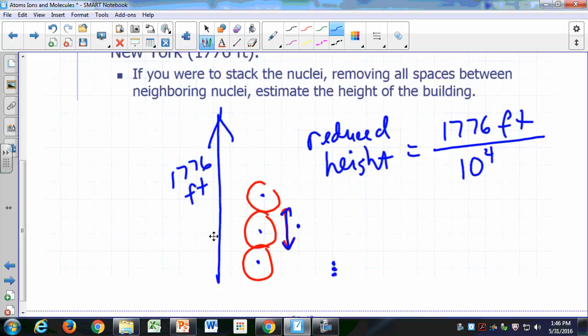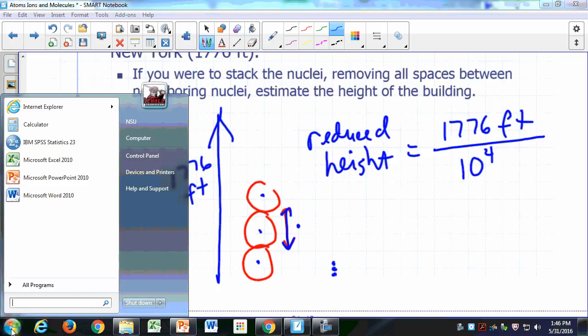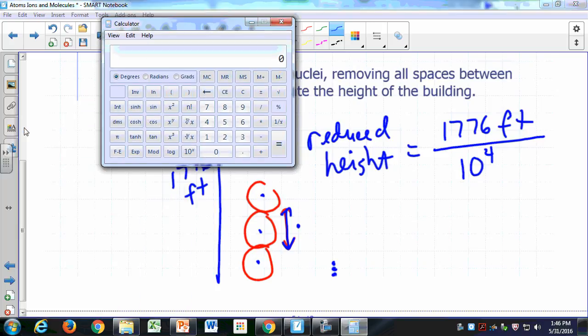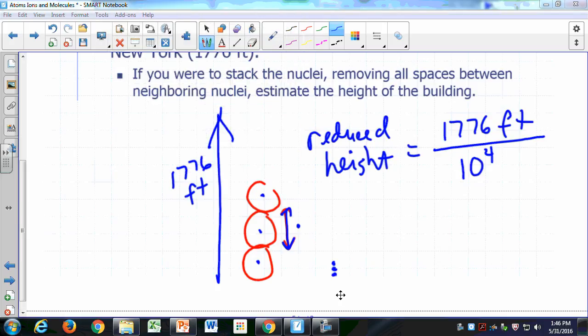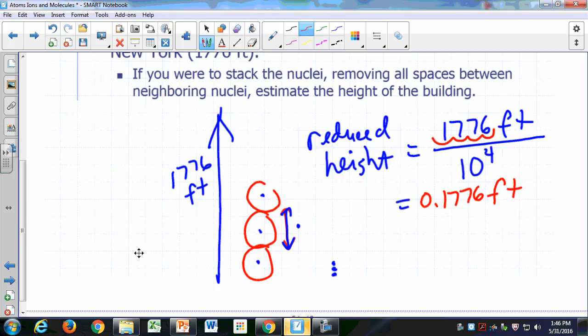So what's 1776 feet divided by 10 to the fourth? Let's calculate that. Well, actually, you don't have to use a calculator for that, right? You just move your decimal point how many places to the left? 1, 2, 3, 4, so it's 0.1776 feet.